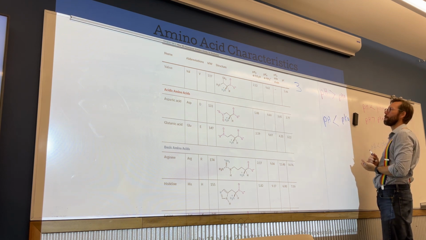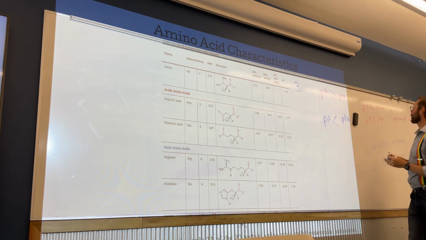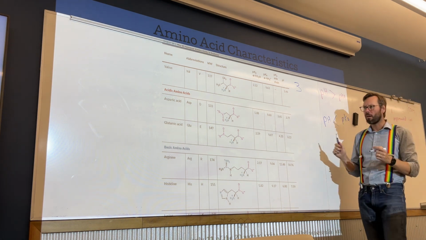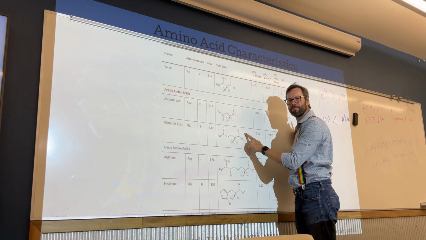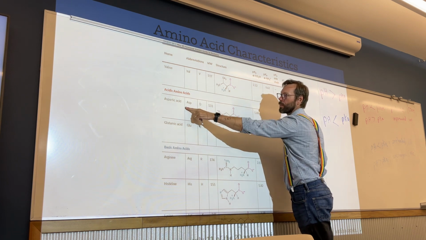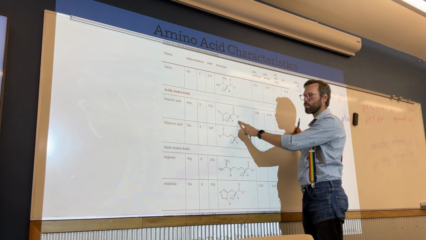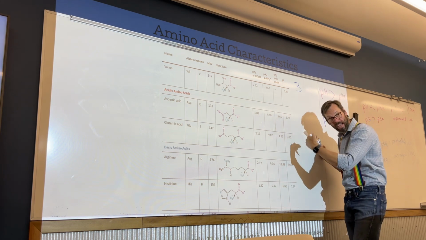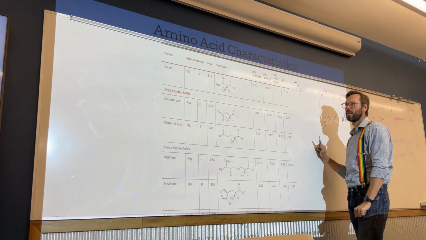Right? Okay. So if pH is greater, we have the unprotonated ion. And so this would actually be called glutamate instead of glutamic acid. This would be aspartate. So sometimes with these acidic ones, when we deprotonate them, you'll hear them called the -ate instead of the -ic acid.